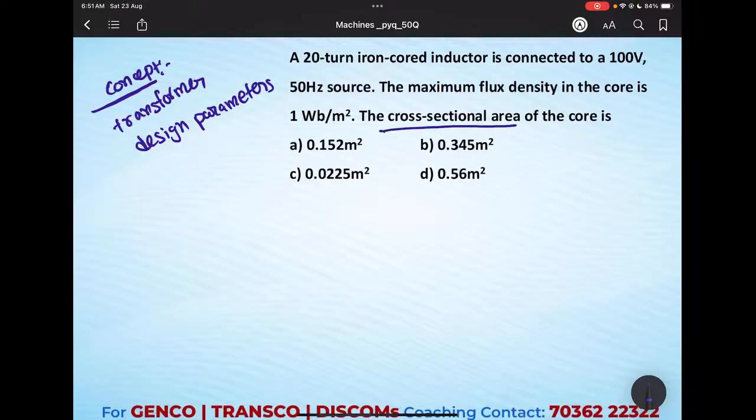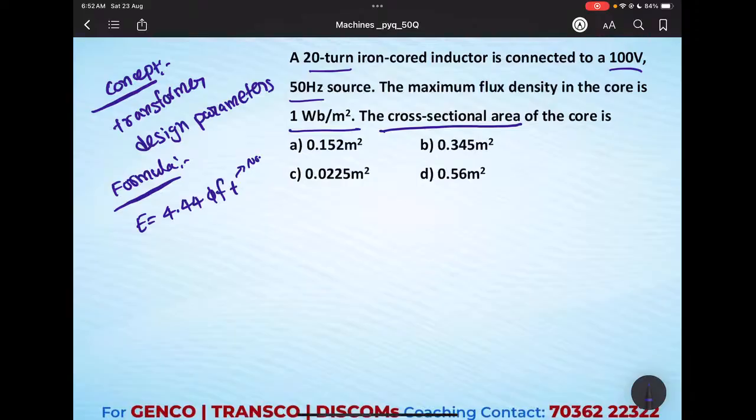They are asking for the cross-sectional area. What formulas can we remember? As per the given data, there are the number of turns, voltage, frequency, and flux density. We know the EMF formula: E equals 4.44 phi f T, where T is the number of turns. But they gave flux density.